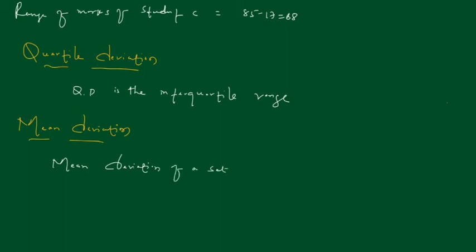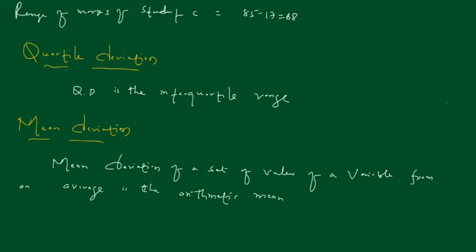Mean deviation of a set of values of a variable from an average is the arithmetic mean of absolute deviation.